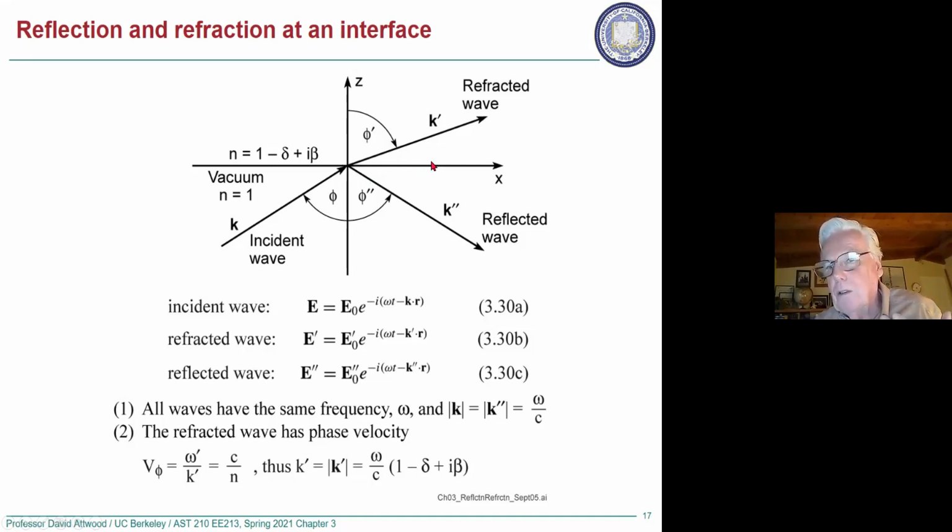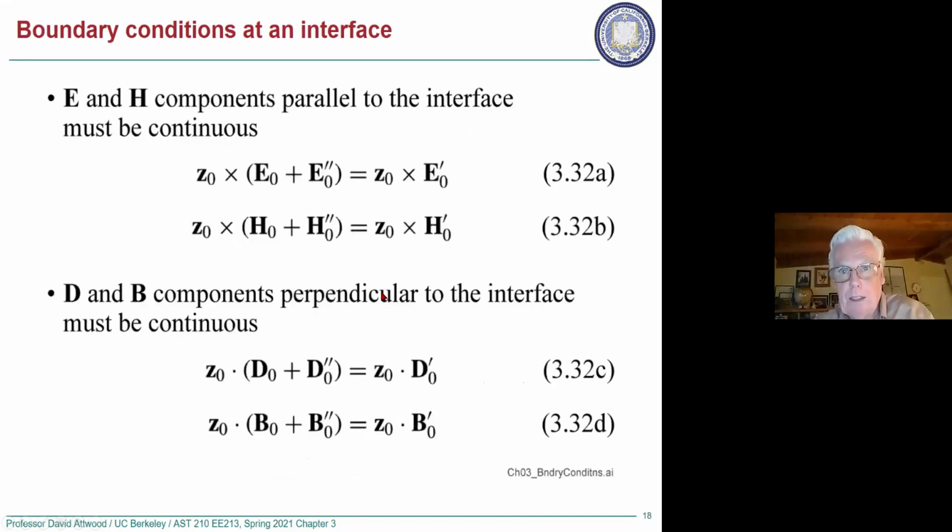It has to be continuous along the interface. It has to always meet the boundary condition if it meets it anywhere. And from that simple observation, we're going to find out that the angle of incidence equals the angle of reflection, and the refractive angle is determined by what we call Snell's law. So let's see what's in the next slide.